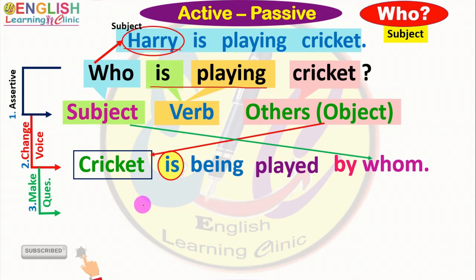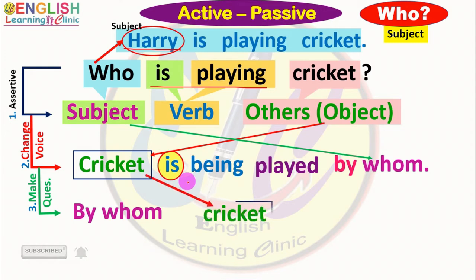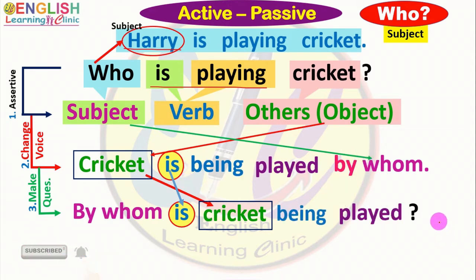So, first place the WH word by whom at the beginning of the sentence. Next, interchange the place of the subject and the auxiliary verb. That is, is cricket. And next, the rest part of the sentence will come one after another. And at the end of the sentence, just put the note of interrogation.